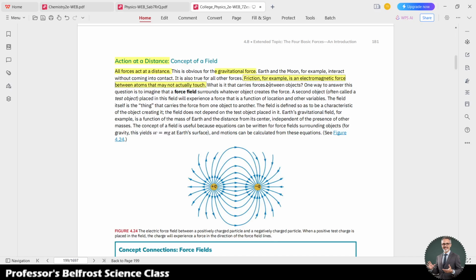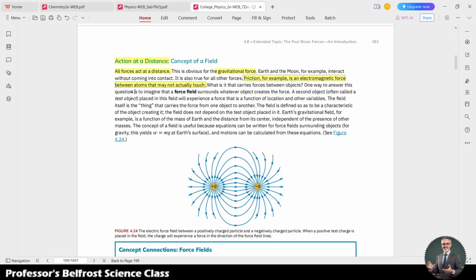Maybe this is a little surprising, right? Because when we sense a touch, it is actually an interaction of the electromagnetic force between the atoms. What is it that carries forces between objects?